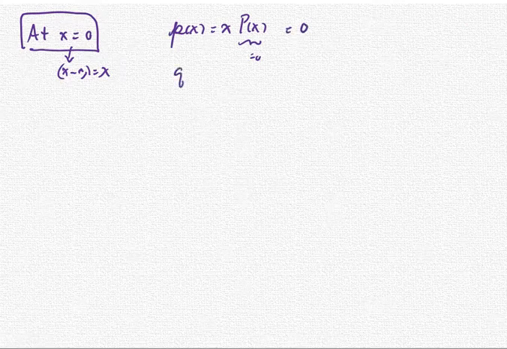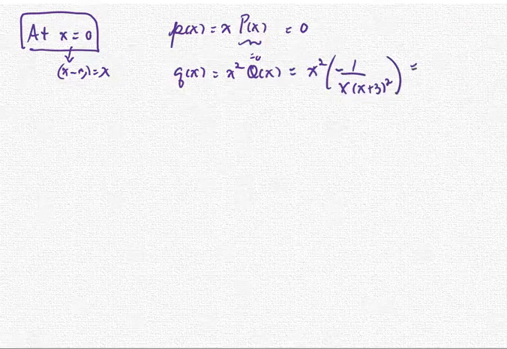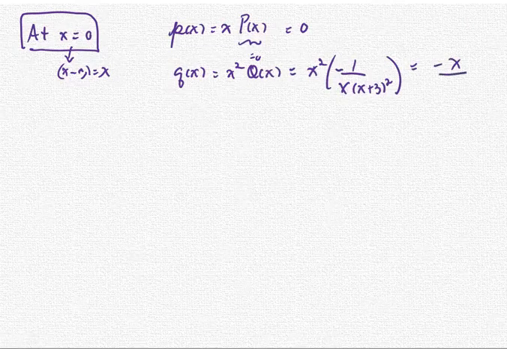We're going to have to wait for the q(x), which is x squared multiplied by the capital Q(x). And since the capital Q is negative 1 over x times x plus 3 squared, I'm going to write x squared and multiply by negative 1 over x times x plus 3 squared. Then simplify to have negative x over x plus 3 to the second.